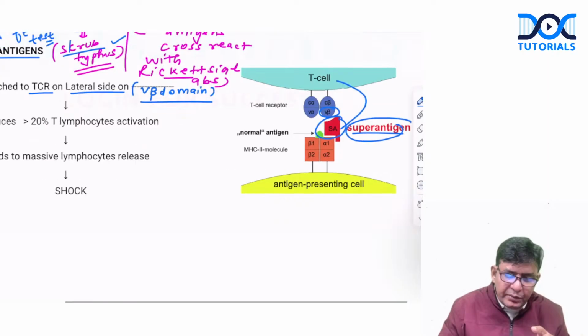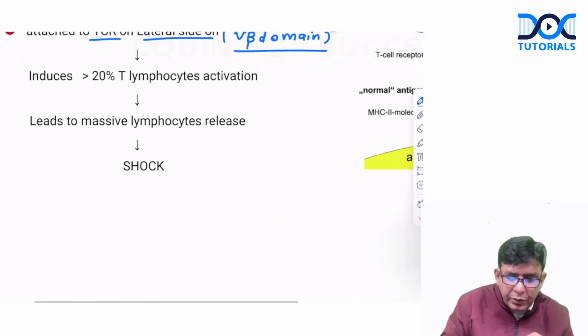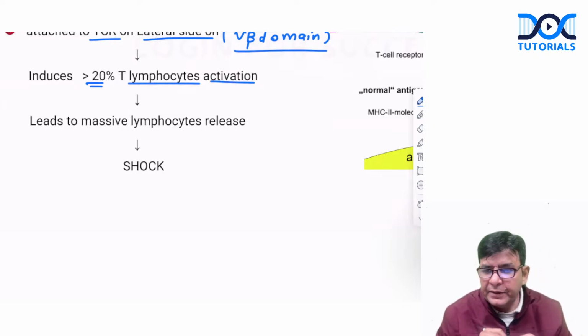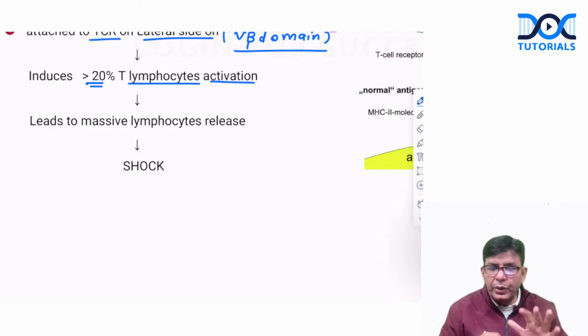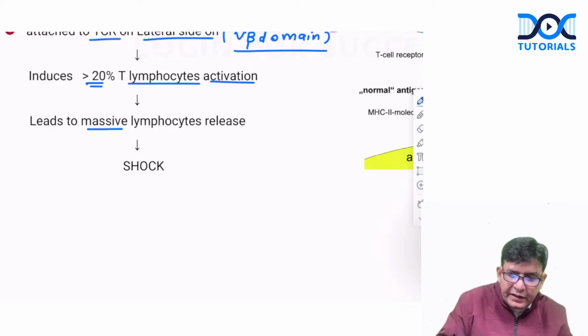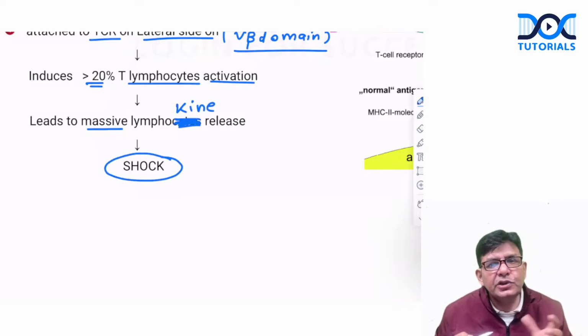And what does this variable beta domain do? It induces more than 20% T lymphocyte activation of the body, which leads to massive lymphokine release, and this massive lymphokine release leads to shock.